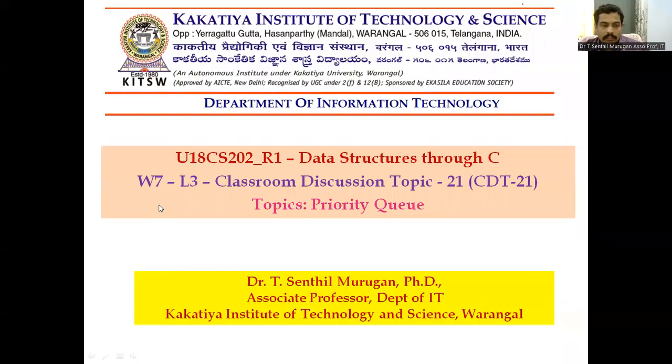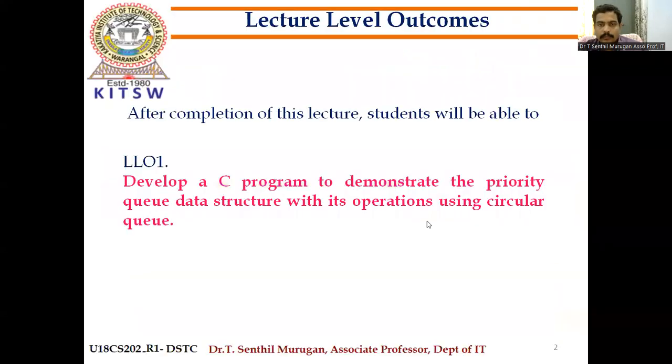So dear students, this is week 7, lecture 3, classroom discussion topic 21. We are going to discuss priority queue. Before starting this lecture, we must know the lecture outcome. After completing this lecture, the student will be able to develop a C program to demonstrate the priority queue in data structure with its operations using circular queue.